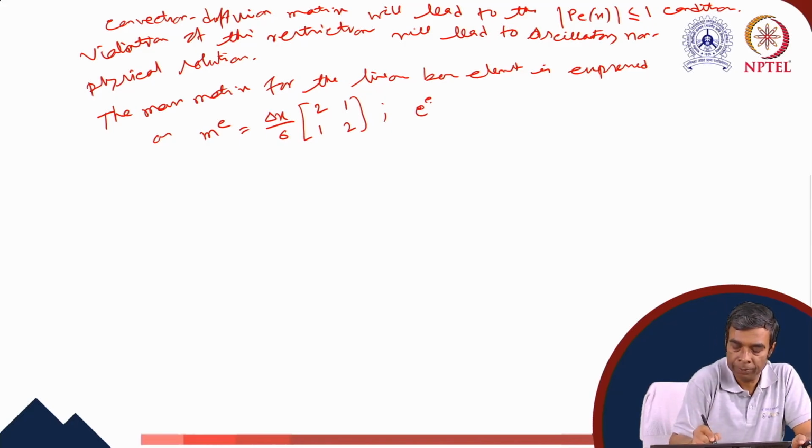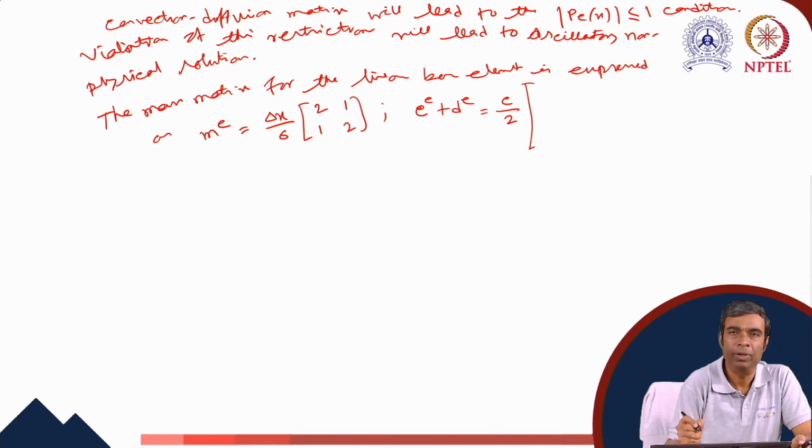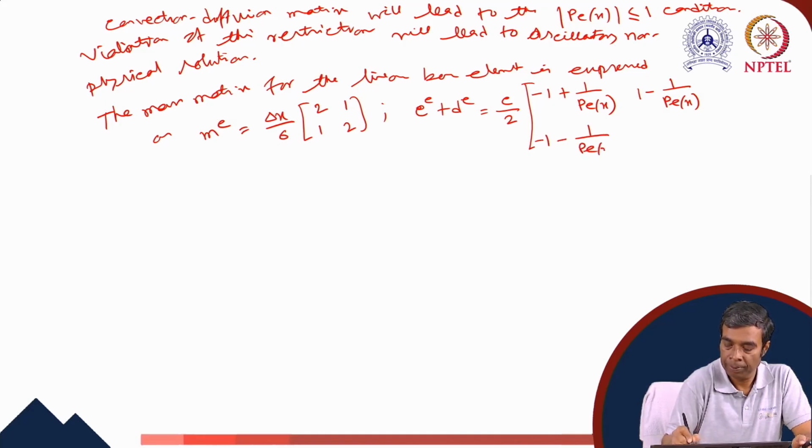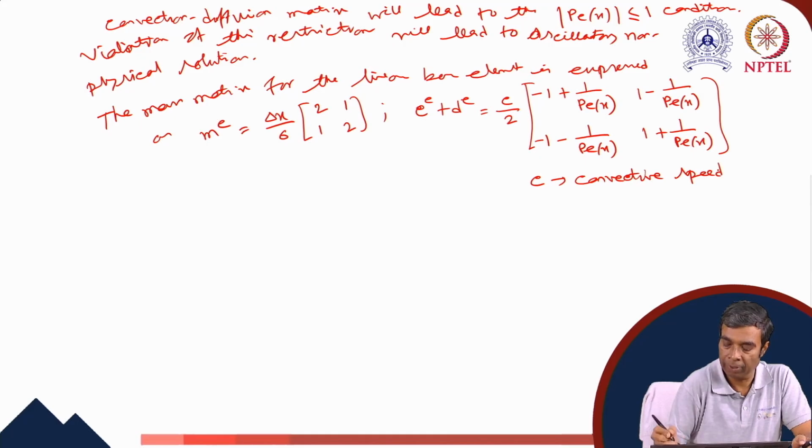CE plus DE equals C by 2, where C is the convective speed or velocity, [minus 1 plus 1 by PEX, 1 minus 1 by PEX; minus 1 minus 1 by PEX, 1 plus 1 by PEX].